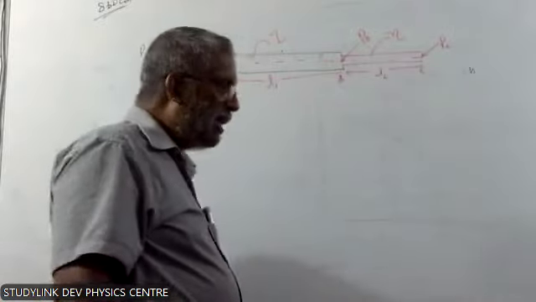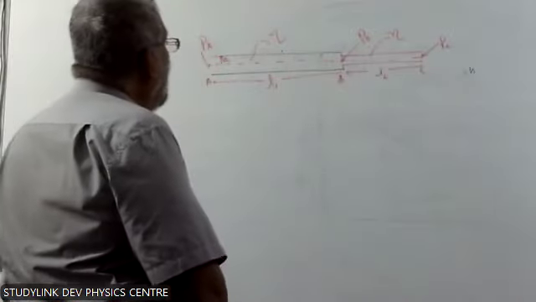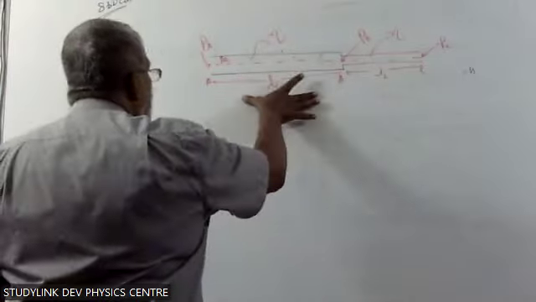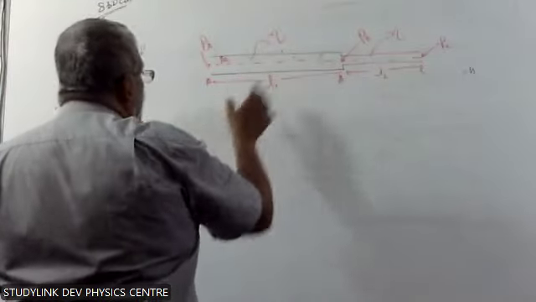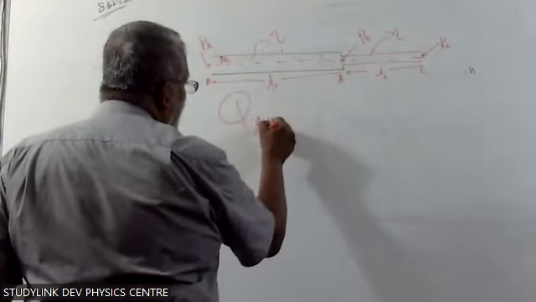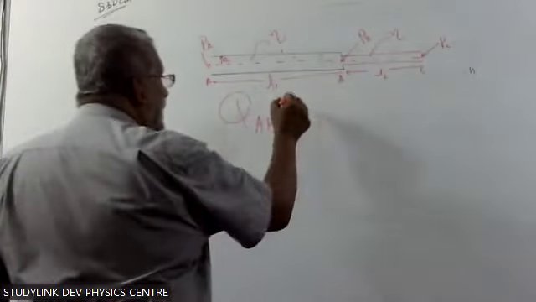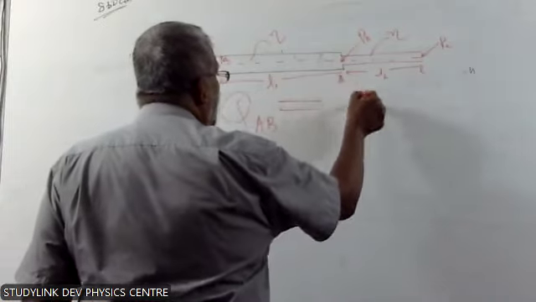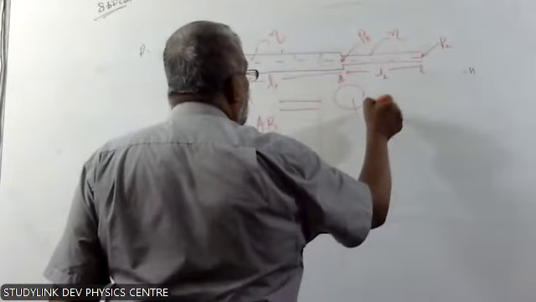Therefore the rate of flow through the first part, QAB, must be equal to the rate of flow through BC.